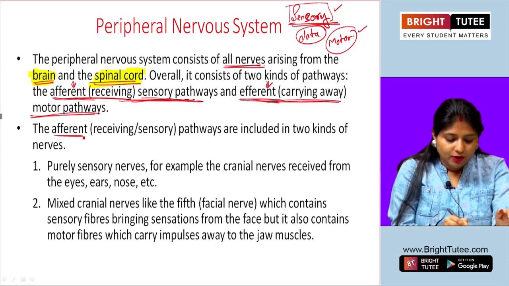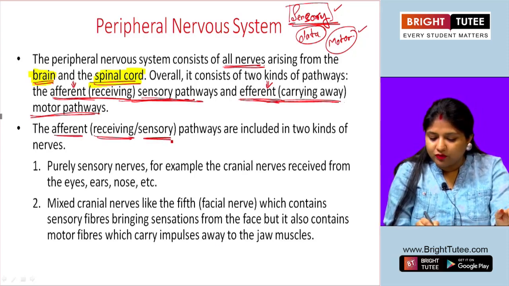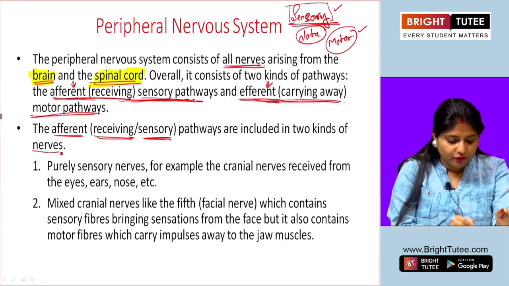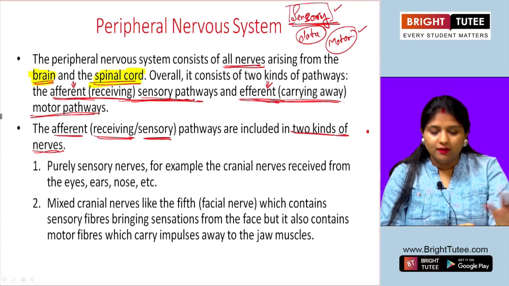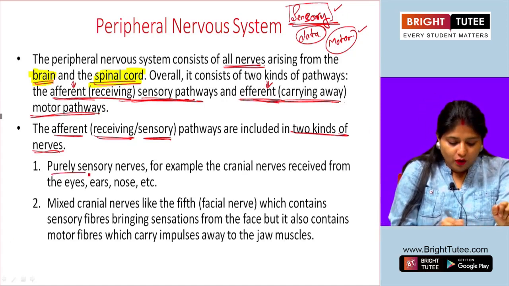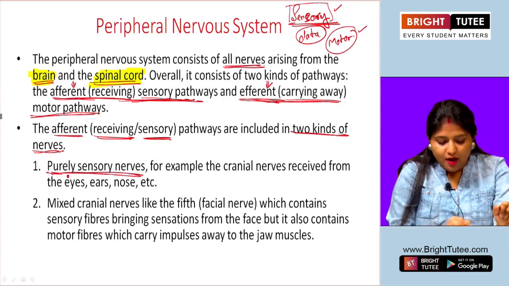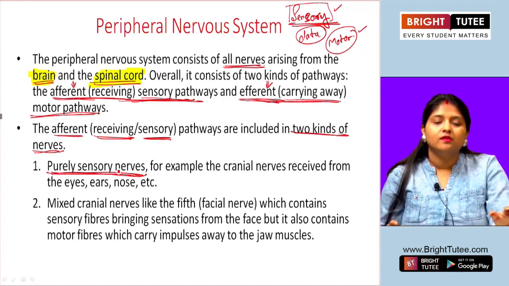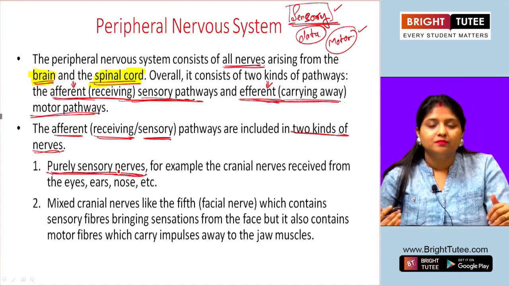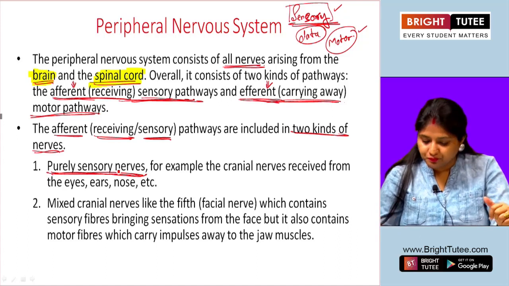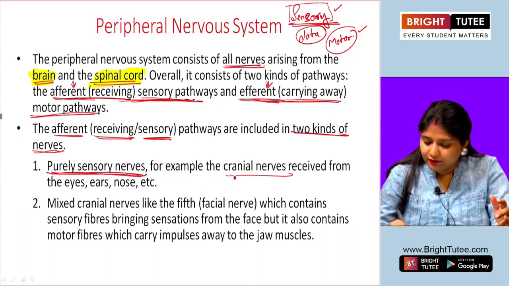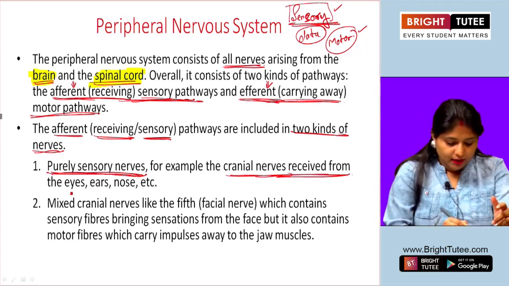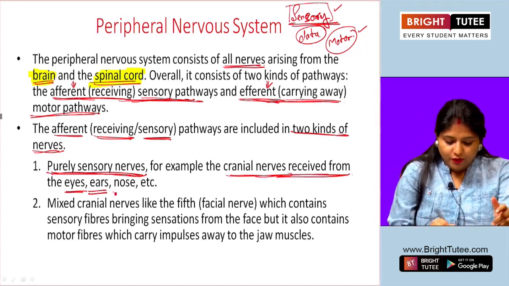The afferent or receiving or sensory pathways are included in two kinds of nerves. So there are two nerves which function in this pathway. First is the purely sensory nerve. That means only the function is to get the sensory information. These are for example, the cranial nerves received from the eyes, ears, nose.